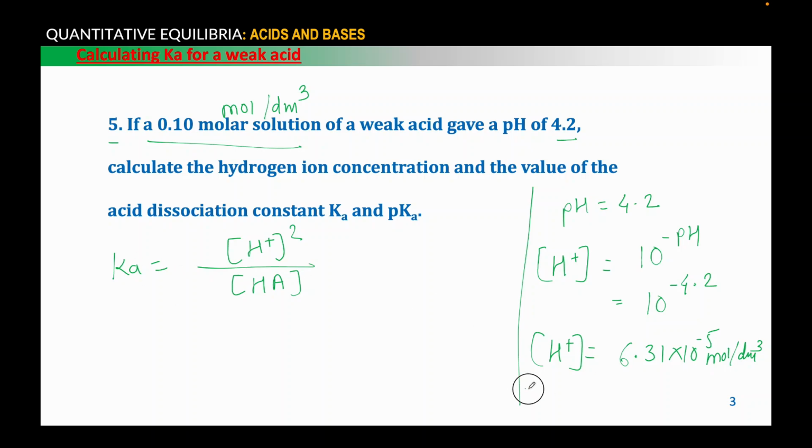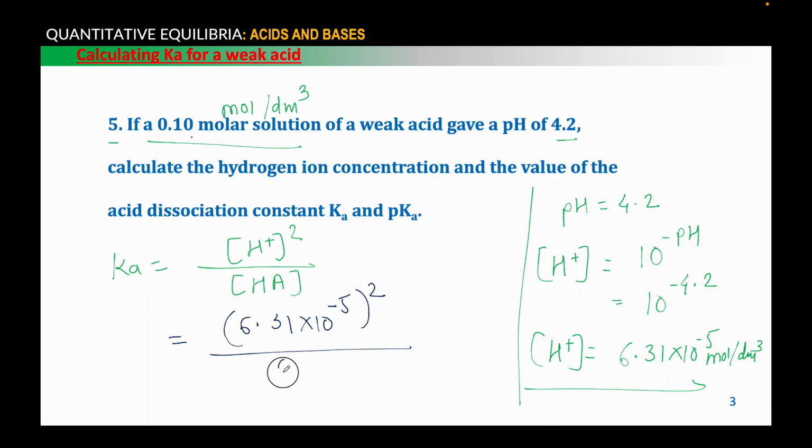And now after getting this H plus, put it into this equation. Ka is equal to 6.31 into 10 to the power minus 5 squared, over the concentration of acid, which is 0.1. So it will be equal to 3.98 into 10 to the power minus 8.